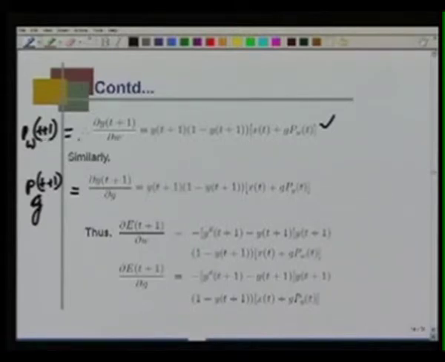So, P_w at t plus 1 is a function of P_w at t, and P_g at t plus 1 is a function of P_g at t. And finally, we can write del E at t plus 1 del w as simply the error term and the gradient information at t plus 1. So, now it is a very simple relationship.